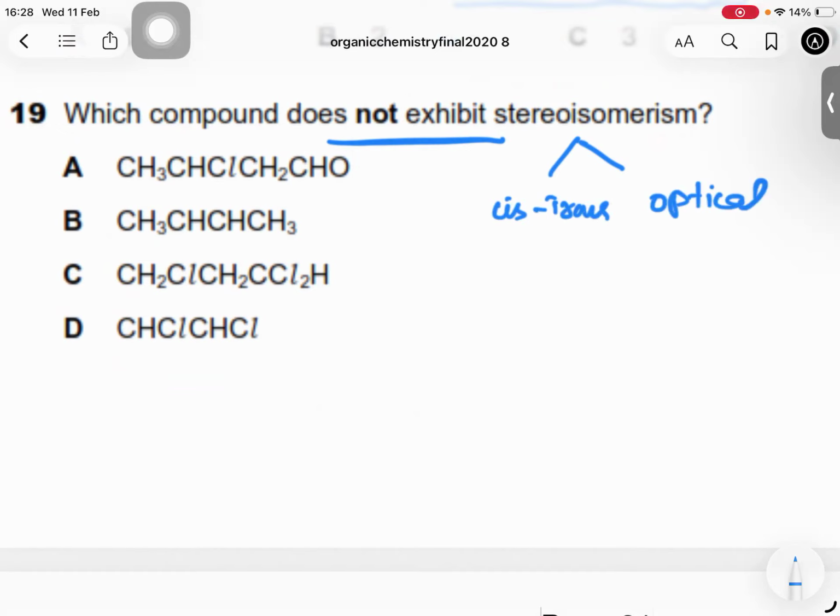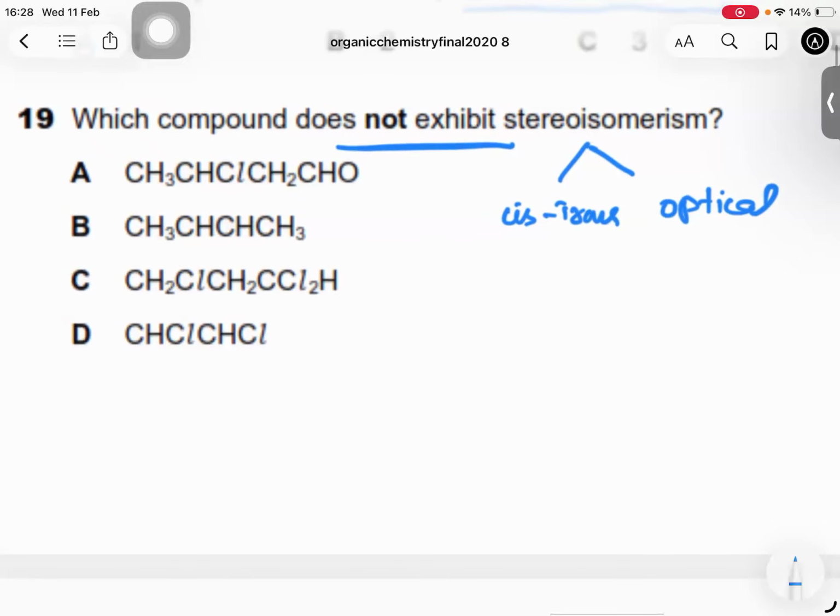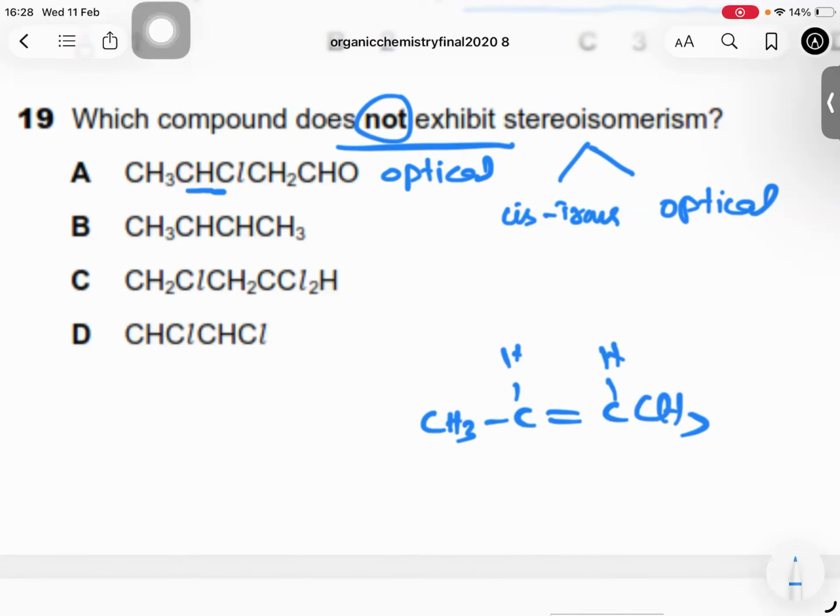So whichever one doesn't have cis-trans. Okay, cis-trans and optical G. A will have it. A does contain a chiral carbon. So we have to find the one that does not. So A will have optical because it contains a chiral carbon. What about B? It does not contain a chiral carbon. CH3CH, then further what? There will be a double bond, which it did not show, a trick for us. So this will have cis-trans. Okay, it did not show that, right?